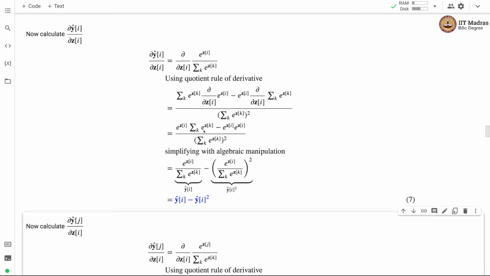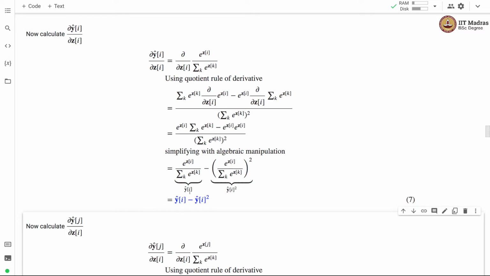So now we can simplify this with algebraic manipulation. All that we do is we separate these two terms in the numerator, and then what happens is one of the summations gets cancelled, so we get exponential of zi divided by the sum of exponential of zk over all k classes minus exponential of zi divided by the sum of exponential of zk over all k classes whole square.